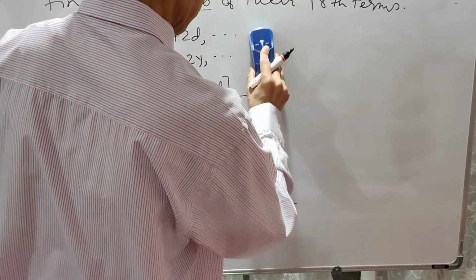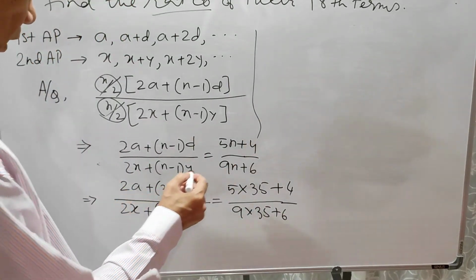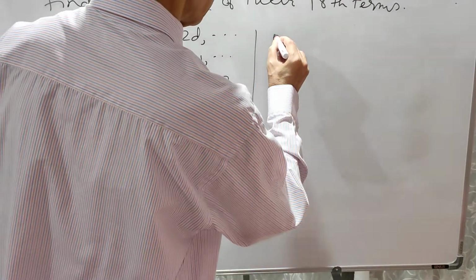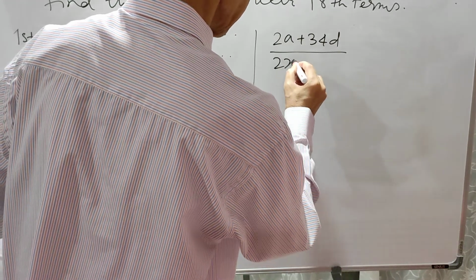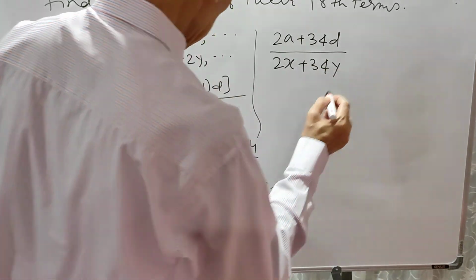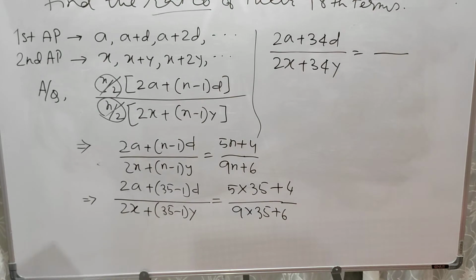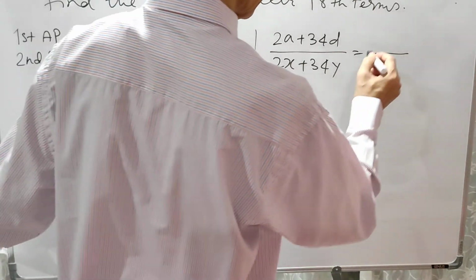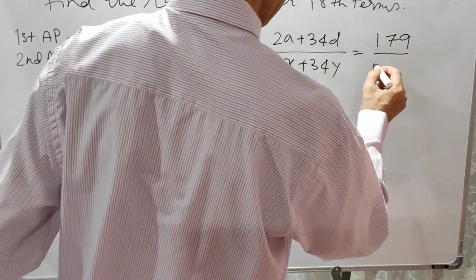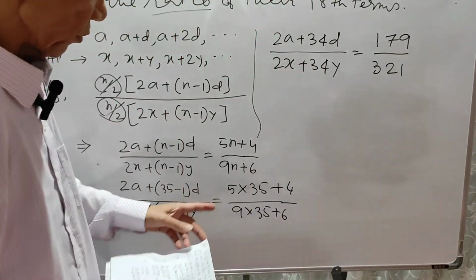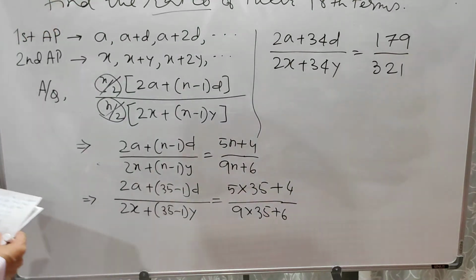Now this side, the next step will be twice a plus 34d by twice x plus 34y, that is equal to, now this side, 5 into 35 plus 4, that is 179, and 9 into 35 plus 6, that is 321.